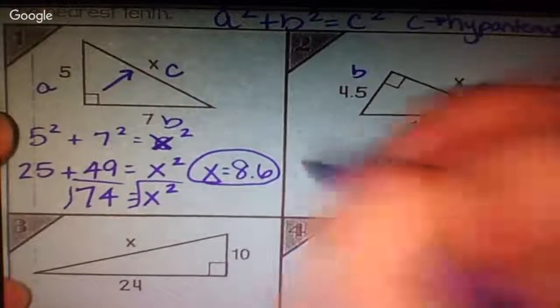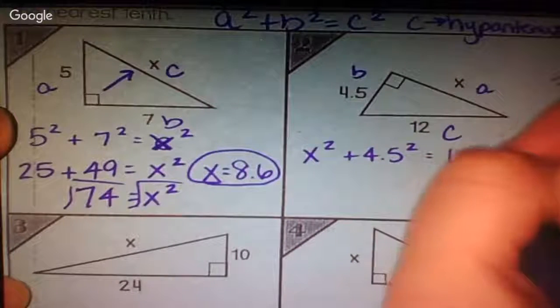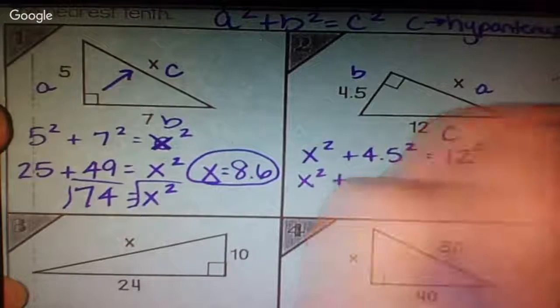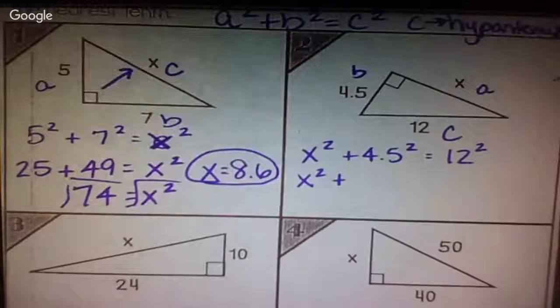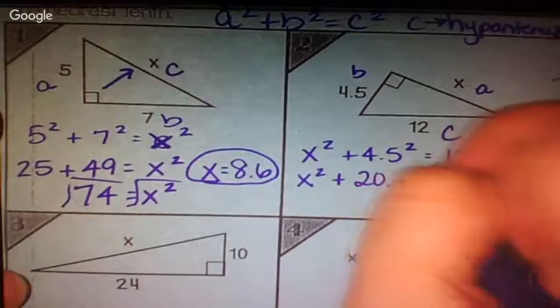So this one becomes X squared plus 4.5 squared equals 12 squared. Lydia, what's 4.5 squared? 20.25.